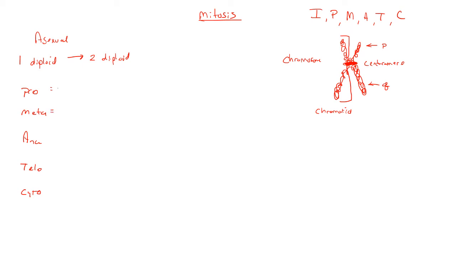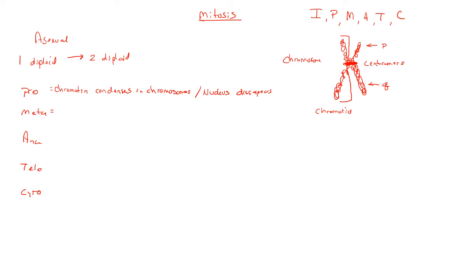We gotta duplicate the information. Well, that happened during synthesis stage, so that was before mitosis, but good try. Chromatin condenses into chromosomes, and also the nucleus disappears. I probably misspelled disappears, but I don't care.